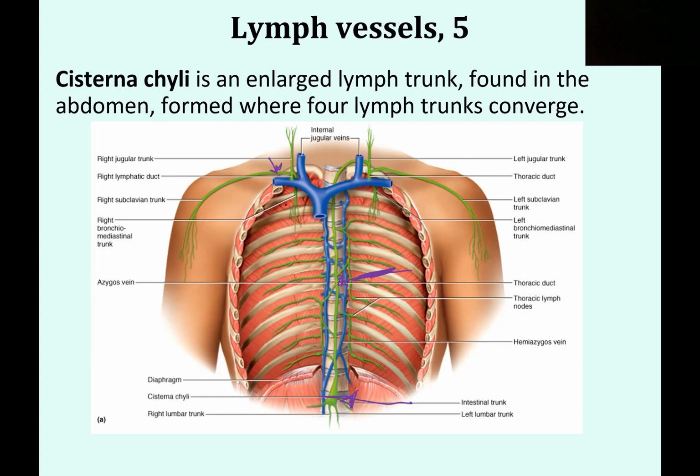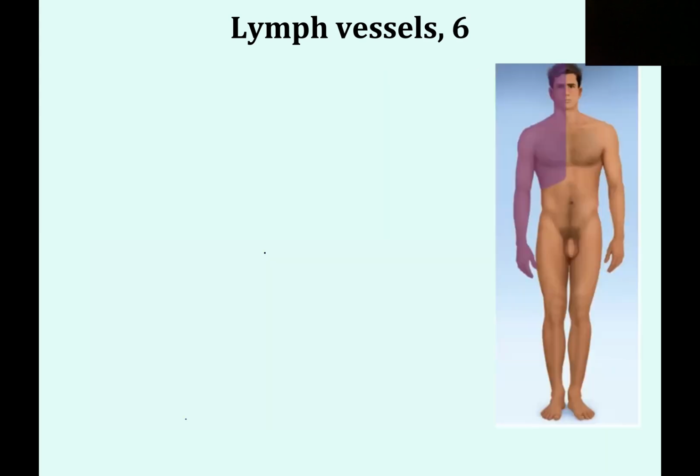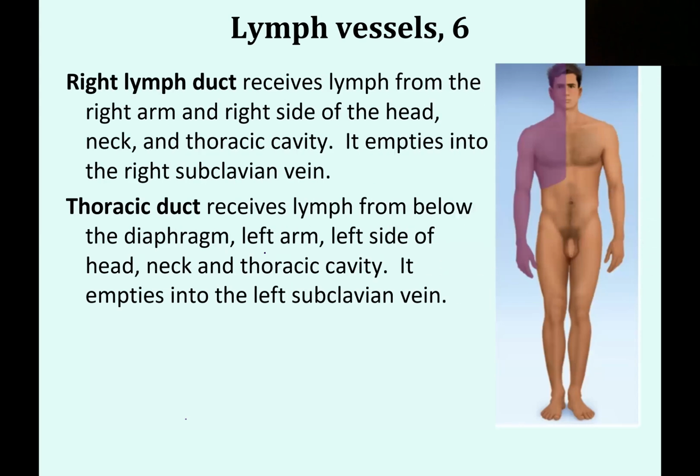Now, the reason that everything below the diaphragm goes into that is because that's cisterna chyli, and that's going to empty into the left subclavian vein, whereas the right one empties into the right subclavian vein. Those veins are large enough to withstand the influx of that volume of tissue.